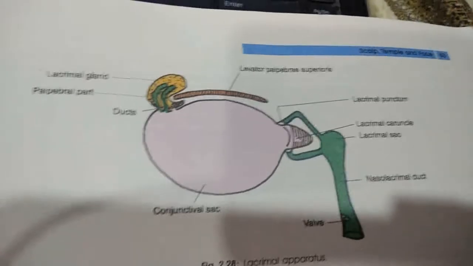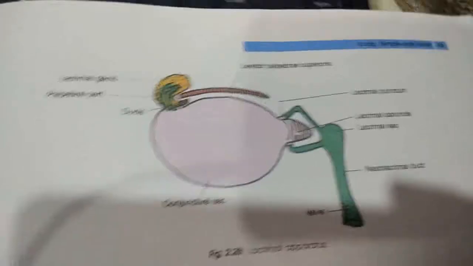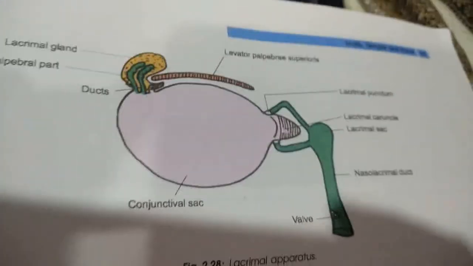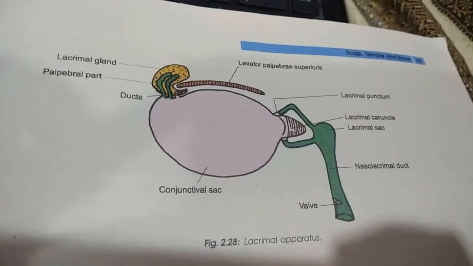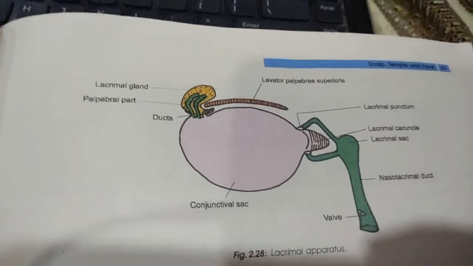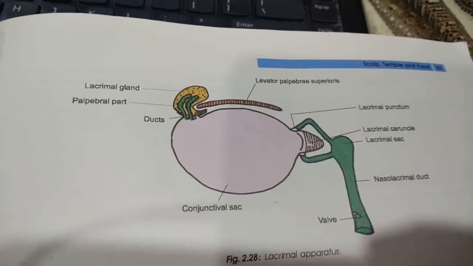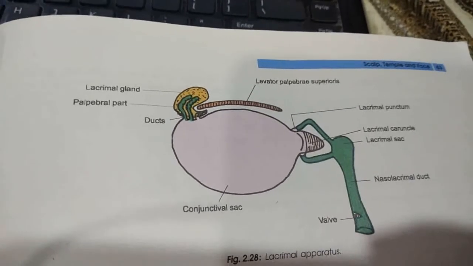After removal, the conjunctiva and the cornea are moistened by the accessory lacrimal glands. I told you, very few accessory lacrimal glands are also there.